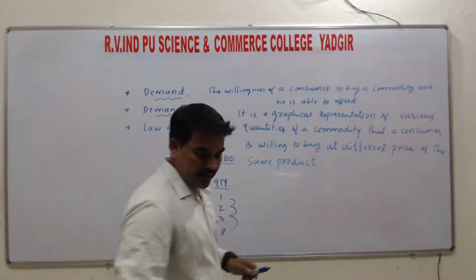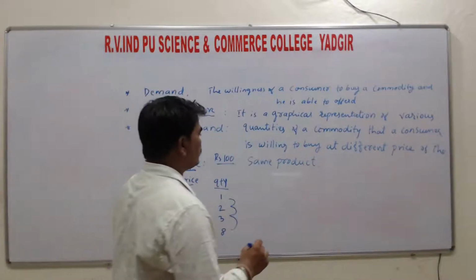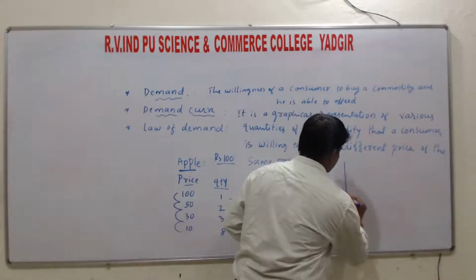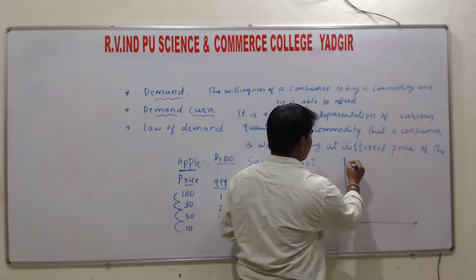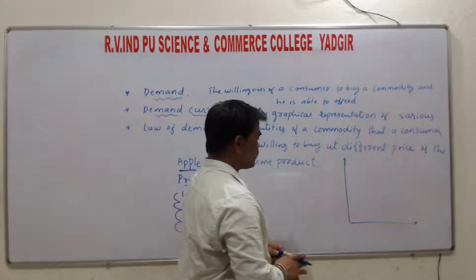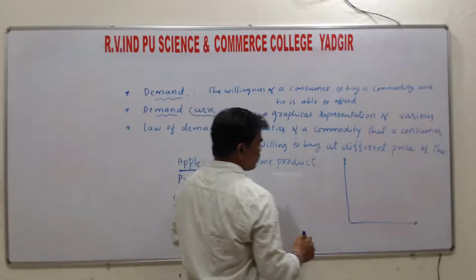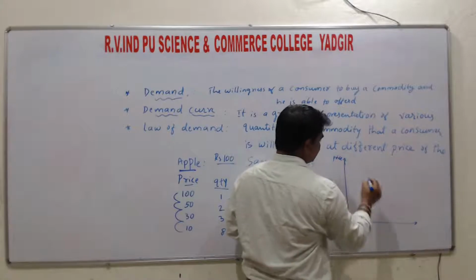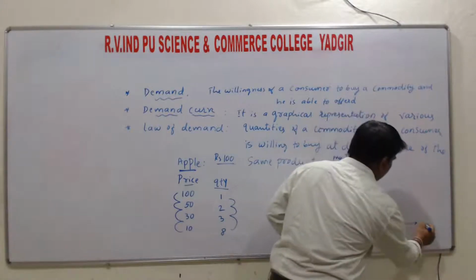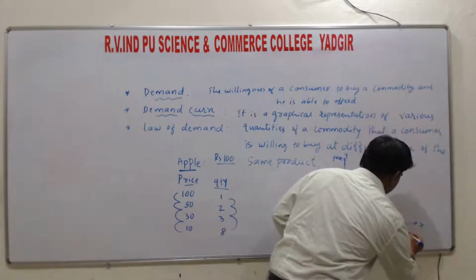So how can we do that? Here the y-axis is price and the x-axis is quantity.